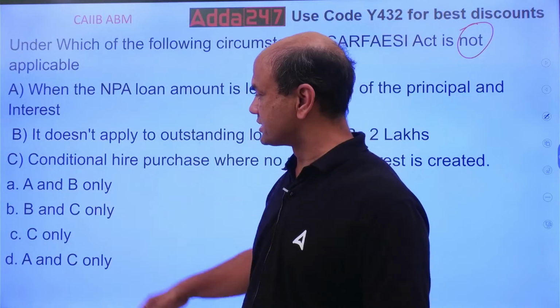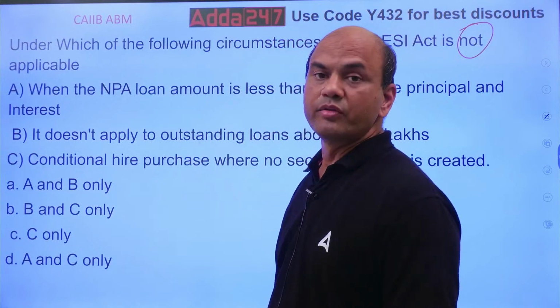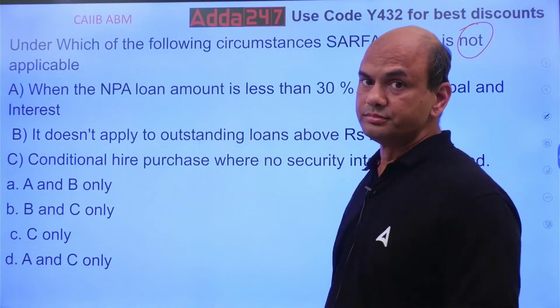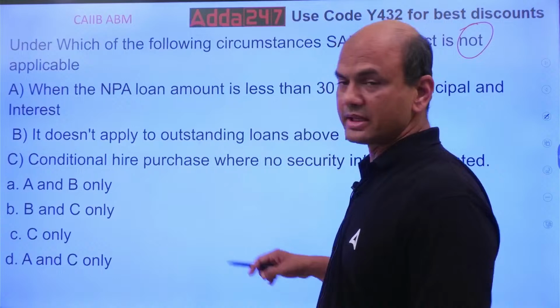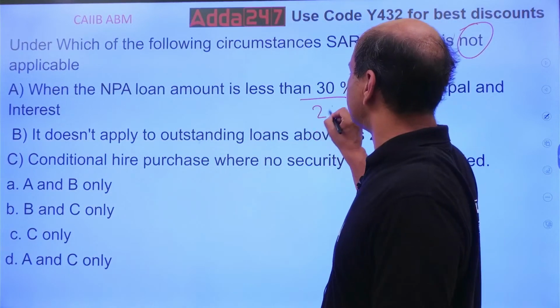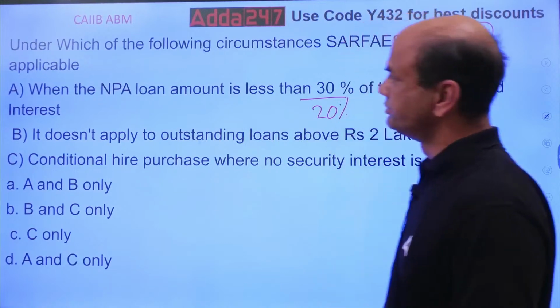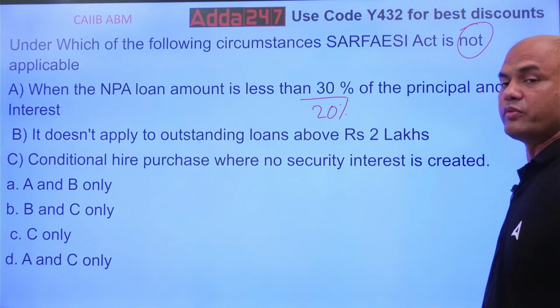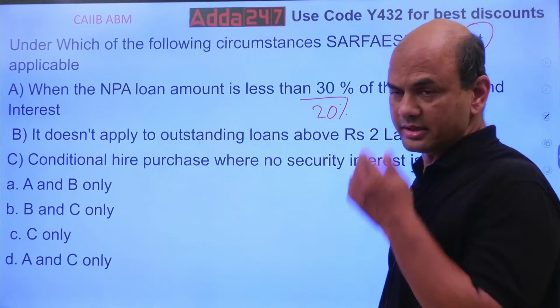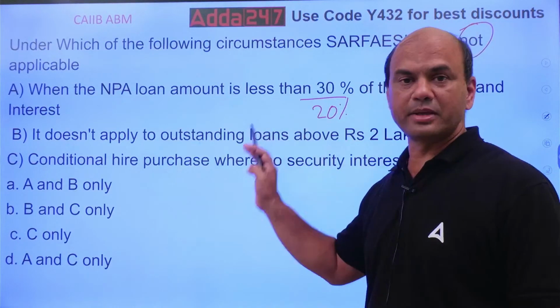See these options A and B. The actual answer for this is 20%. When the NPA amount is less than 20% of the principal and interest, then this Act is not applicable.